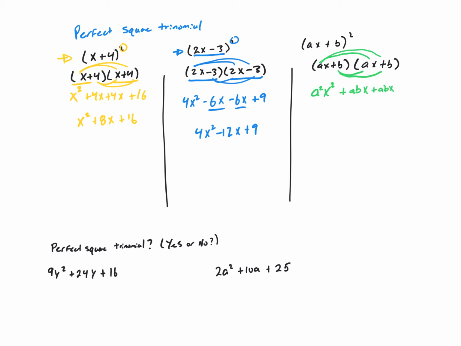And then b times b would be b squared. If I combine those two terms, since they match exactly with the variables, I'm going to end up with a squared x squared, plus, since there's 2 of those, 2abx, plus b squared.